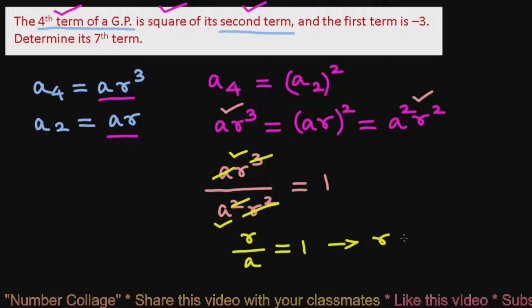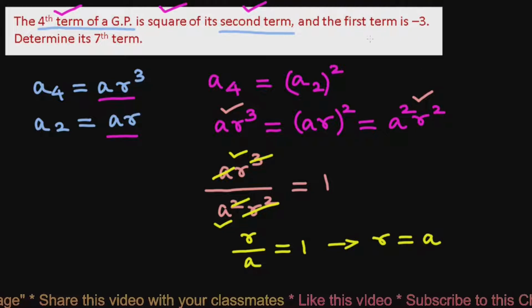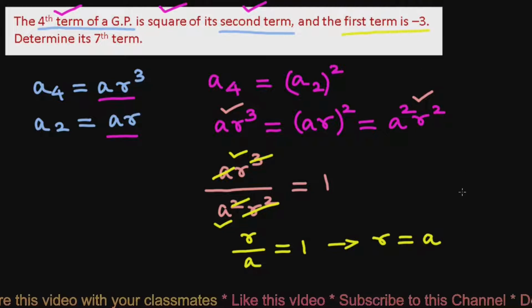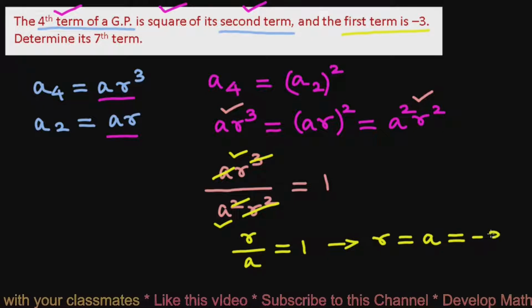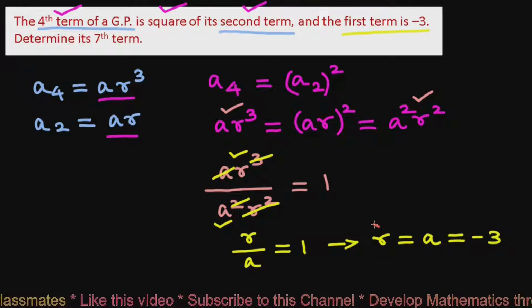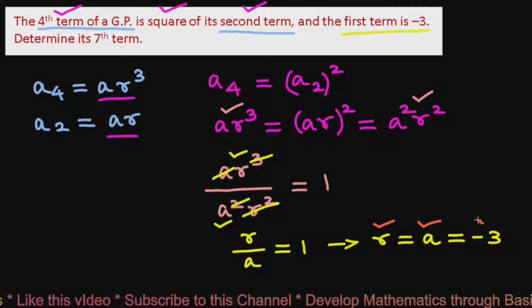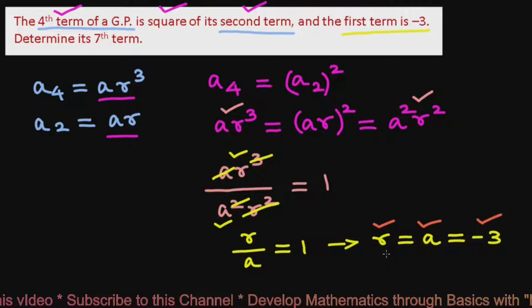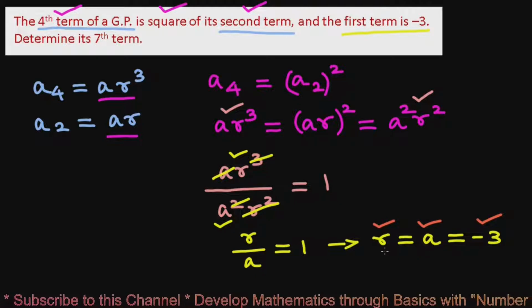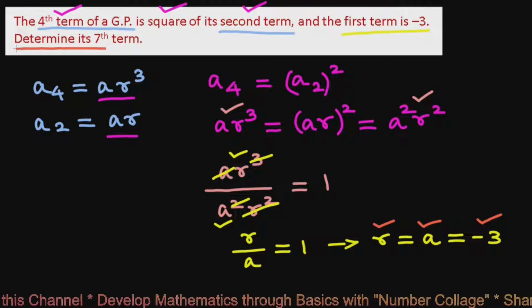That means r equals a. But the first term a is given to be minus 3, which means we have both r and a equal to minus 3.